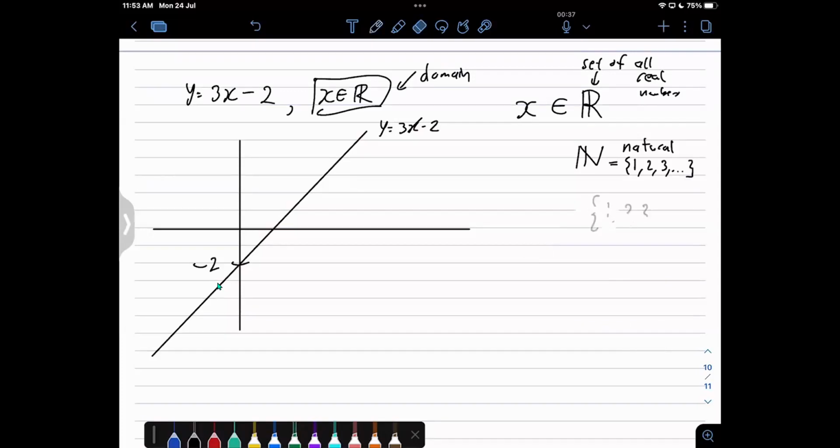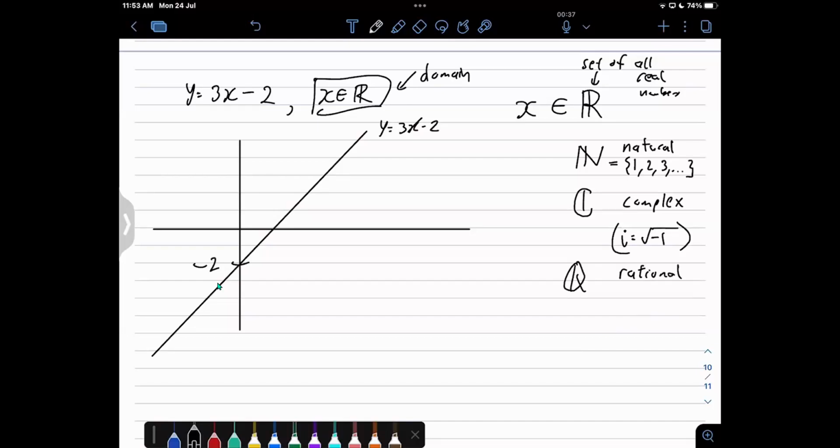Then there's also C here. This is complex. You've got a plus bi. Square root of negative 1, and you get i. But I haven't taught you that, so don't worry about it yet. What else? Q. This is called the rational numbers.